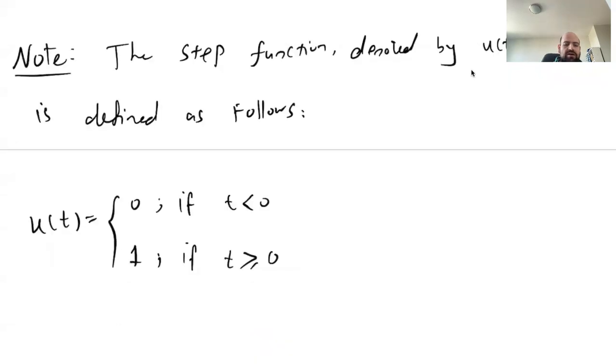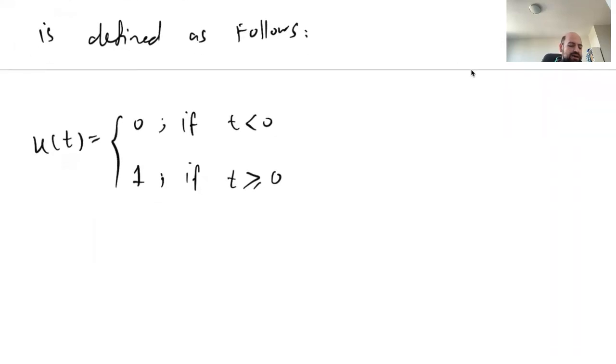So what can we say about u of, let's say, t minus a? This is the standard step function, which has the border point of 0. But what if the border point is some constant a?